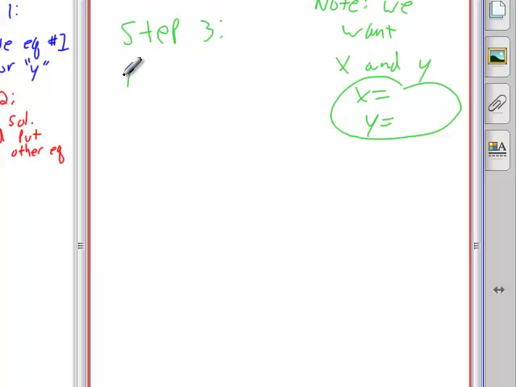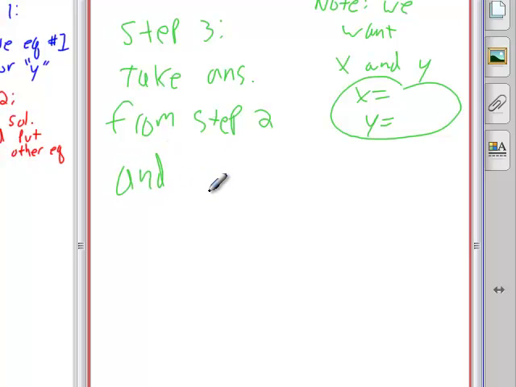So step 3 is take the answer from step 2, and where's that? It's right here: x equal to negative 5. Change to y: put it into either equation.